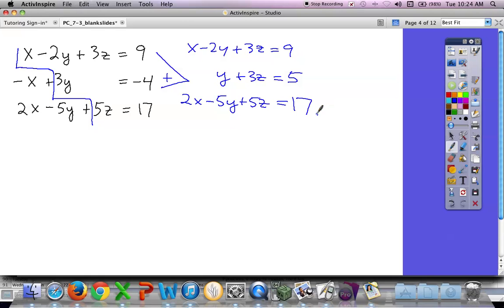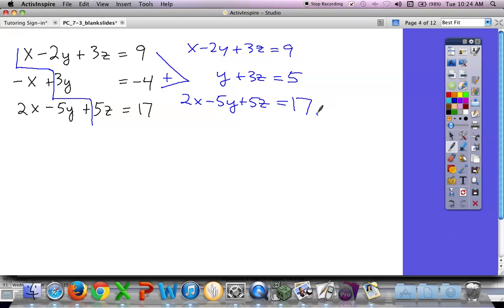Okay, so we cleared out this spot. Now we need to clear out this spot. So what combination of multiplying a row by a constant and adding rows would eliminate the 2x? Yes, if we multiply this by negative 2, then negative 2x plus 2x cancels. So that'll be the strategy.